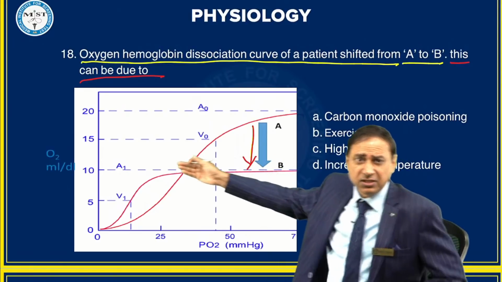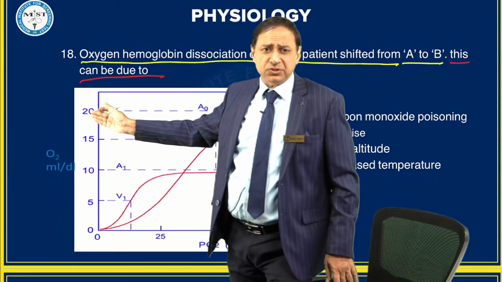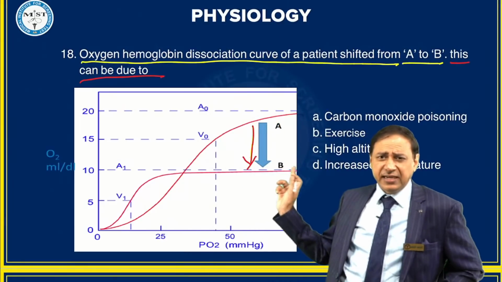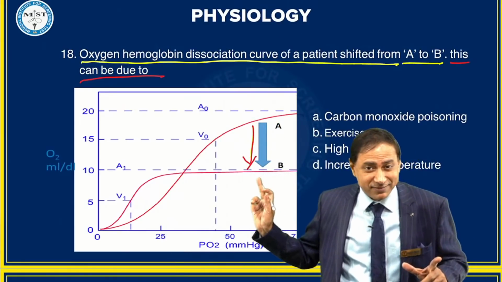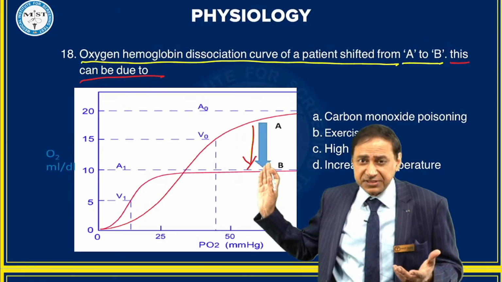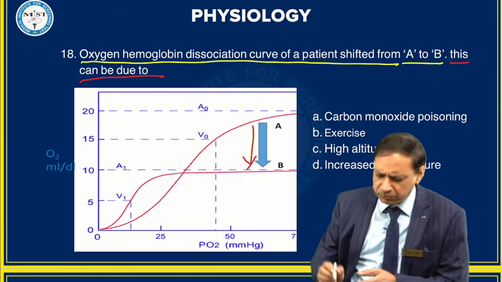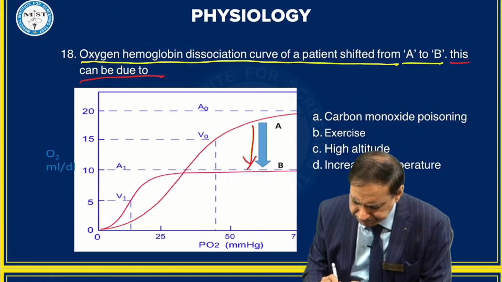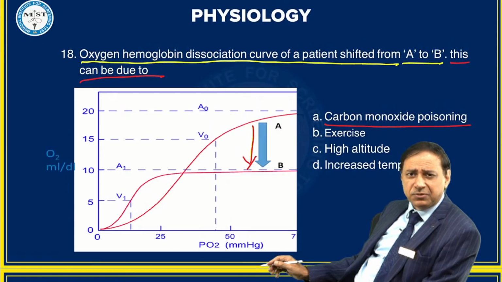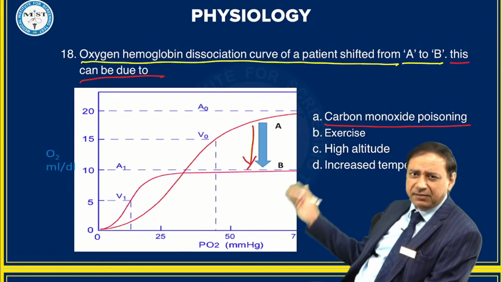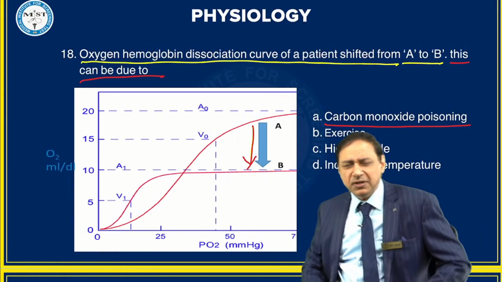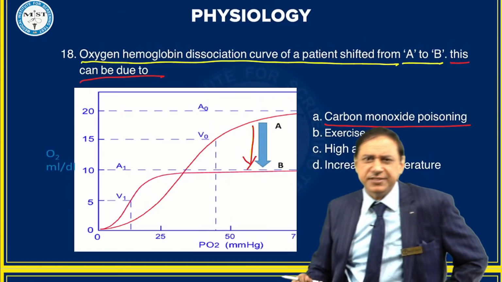Initially I was having 20 ml of oxygen per 100 ml of blood. Now I can carry only 10 ml of oxygen per 100 ml of blood. That means either it is anemia, iron deficiency anemia, or it may be carbon monoxide poisoning. Anemia is not available in the choice, so it can be because of carbon monoxide poisoning.